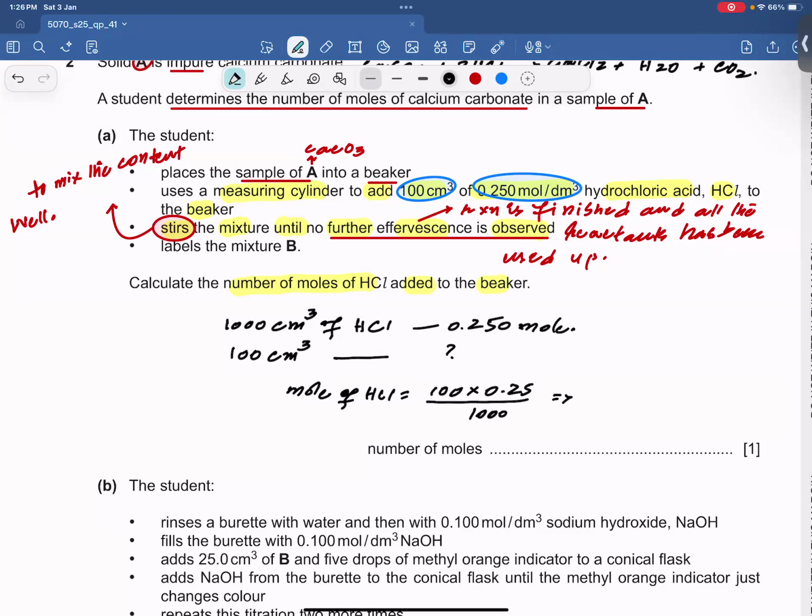So you will get how many moles? 0.025 moles. Okay.